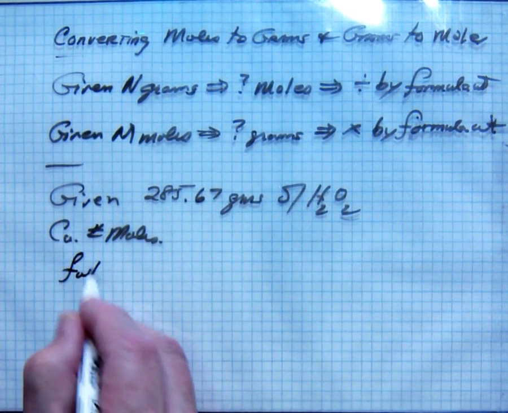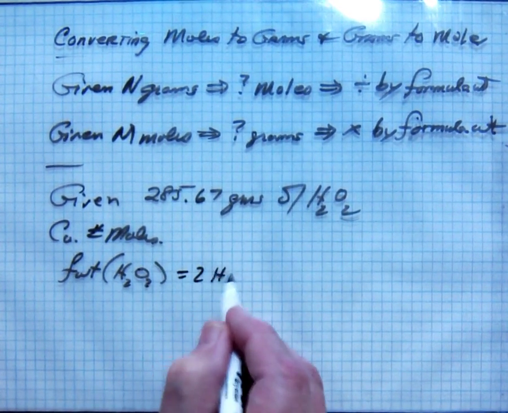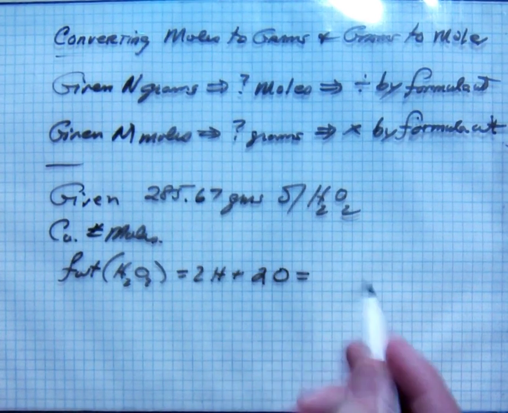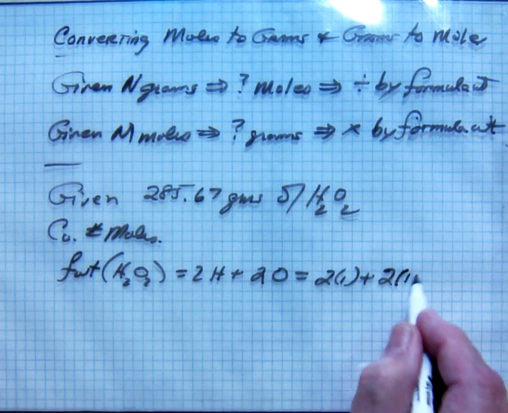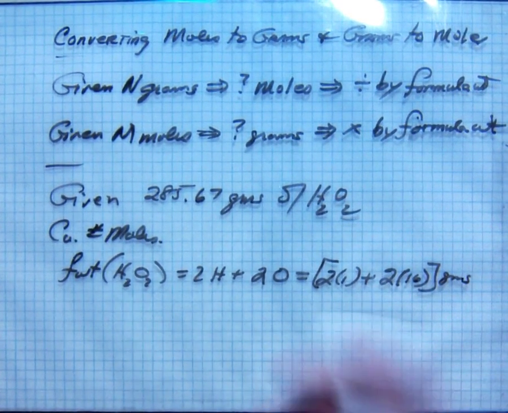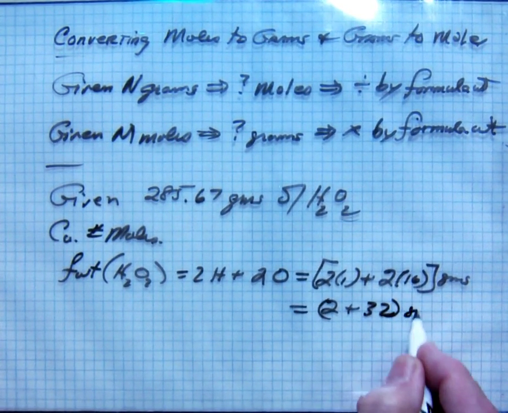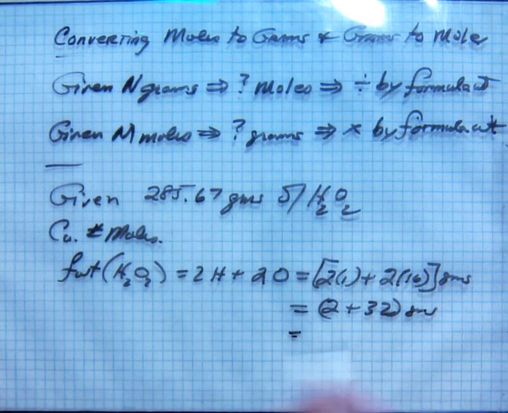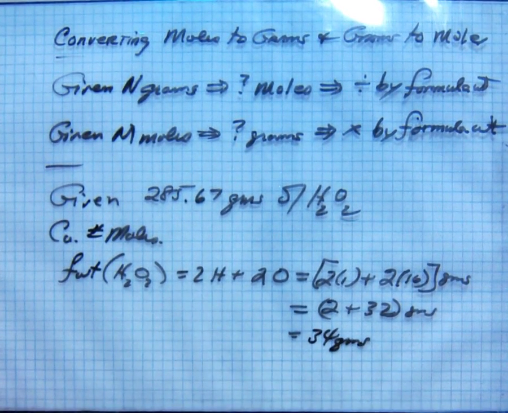So the formula weight of H2O2 is, of course, 2 hydrogens, 2 oxygens, 2 times 1 plus 2 times 16, and that's grams, formula weight, 2 plus 32 grams, just to string it out for academic reasons, 34 grams per mole, if you want to emphasize that issue right there.